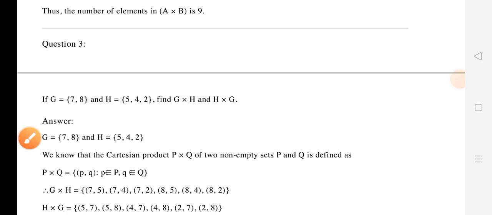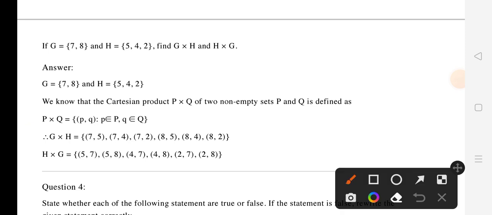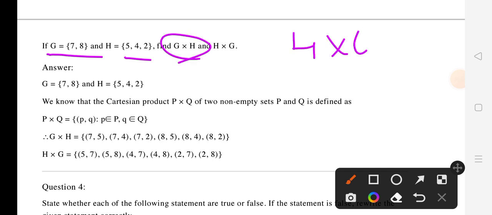A simple question this is. Next we will discuss another question. Let G be the set having elements 7, 8 and H be another set having elements 5, 4, 2. You have to find G cross H and H cross G, the Cartesian product.